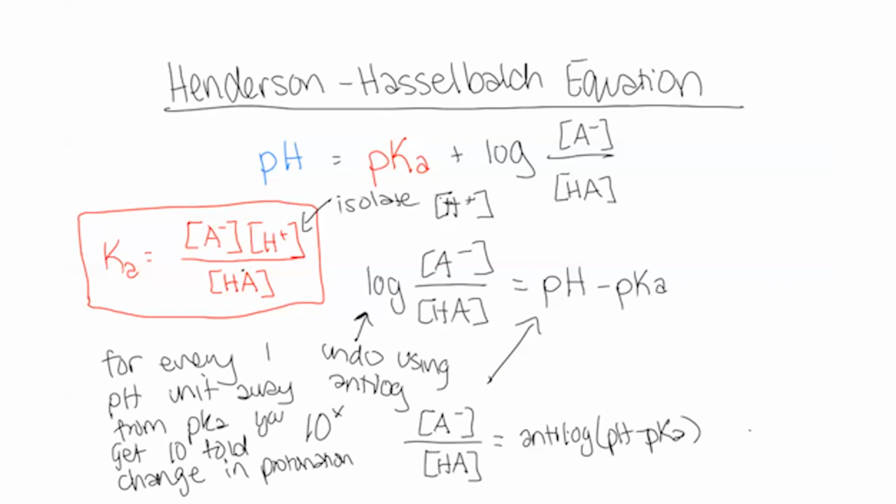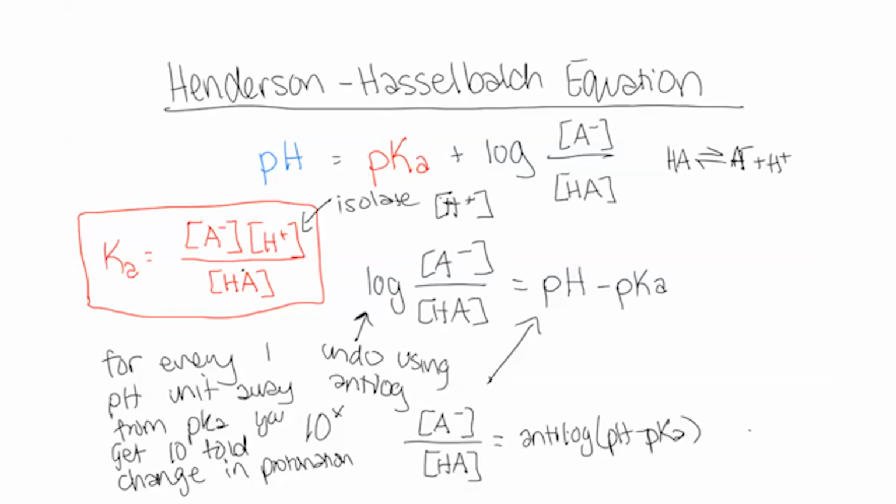In this case, the weak acid HA is in equilibrium with the conjugate base and the proton concentration. These would be our products, and this would be our reactant. And we can write this equilibrium constant that we call Ka. We want to talk about this in terms of the proton concentration so that we can compare it to the pH, which is a measure of the free proton concentration.